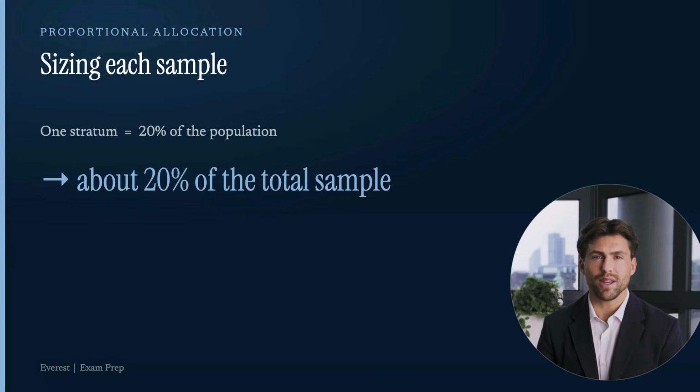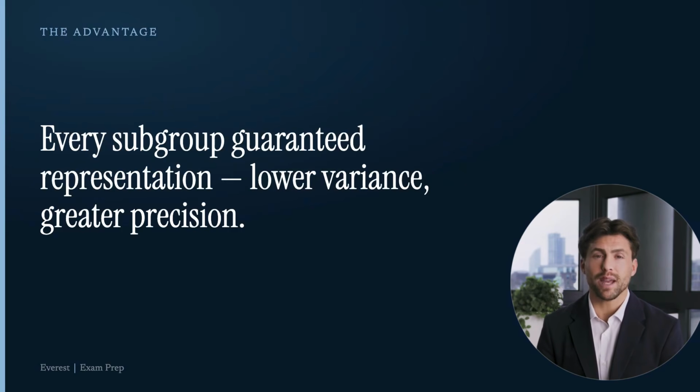The number of observations drawn from each stratum is often proportional to that stratum's share of the total population. For example, if one stratum contains 20% of the population, it would typically receive about 20% of the total sample. The separate samples are then combined to produce an overall sample. The main advantage of this method is that every important subgroup is represented.